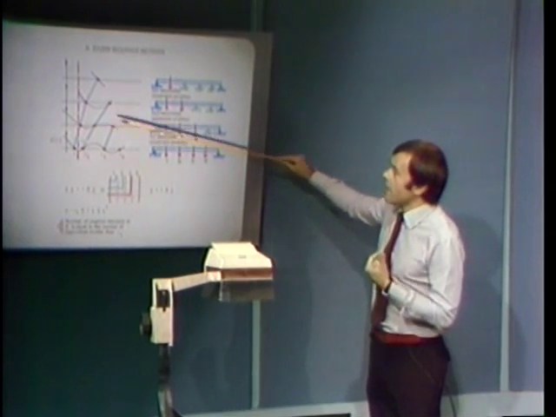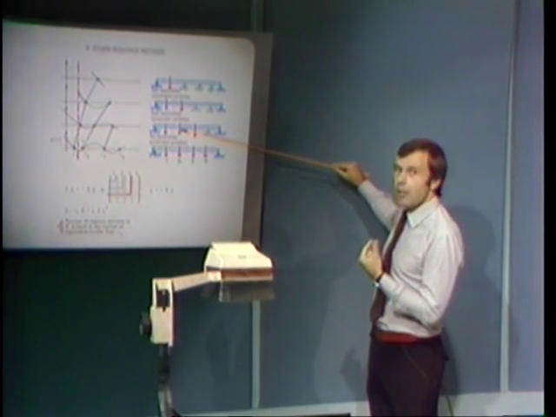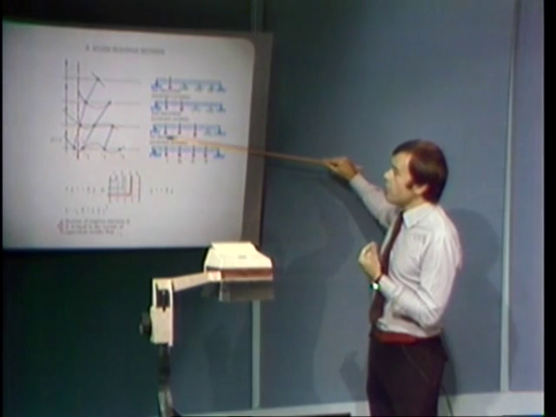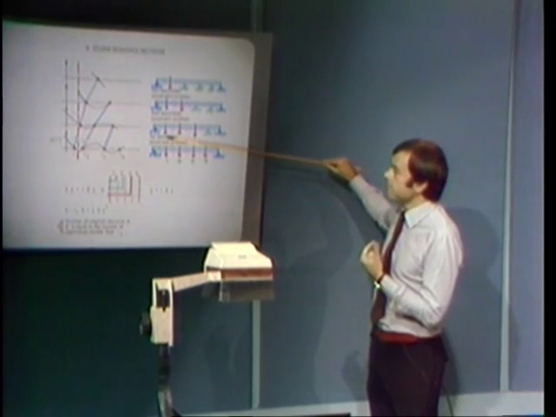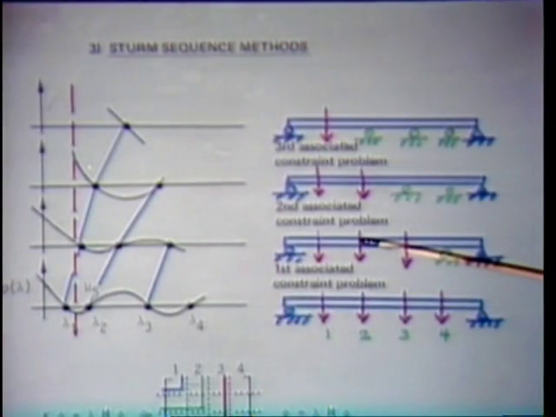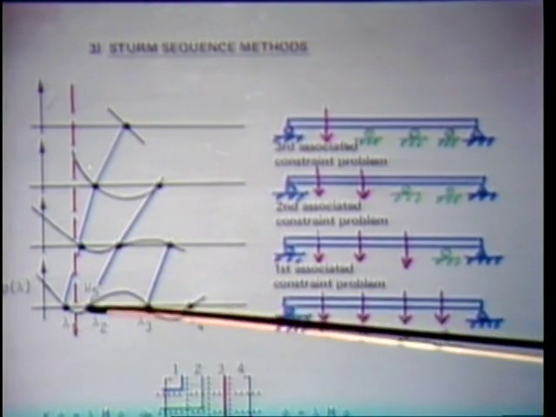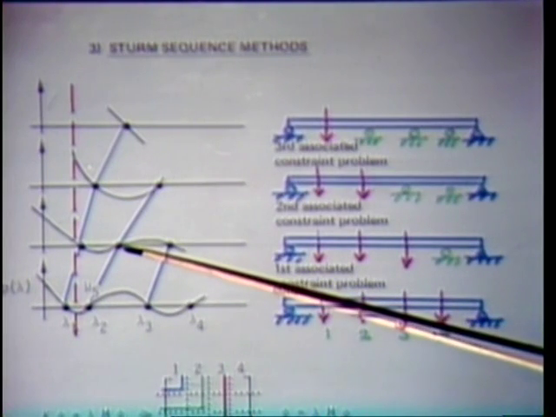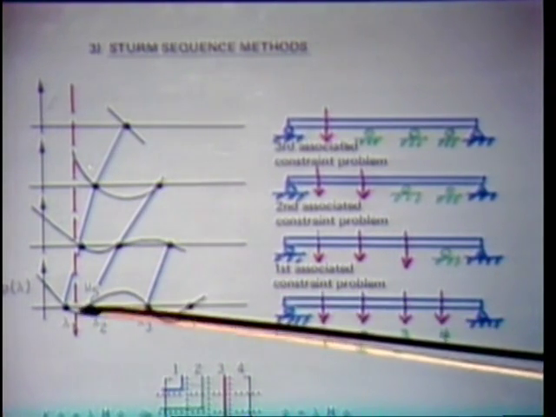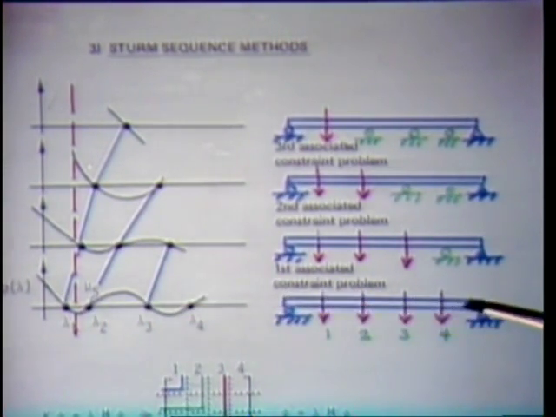In other words, the ith eigenvalue of this associated constraint problem, for example, the second eigenvalue of this associated constraint problem here, lies in between lambda 2 and lambda 3 of this eigenproblem here, and so on.